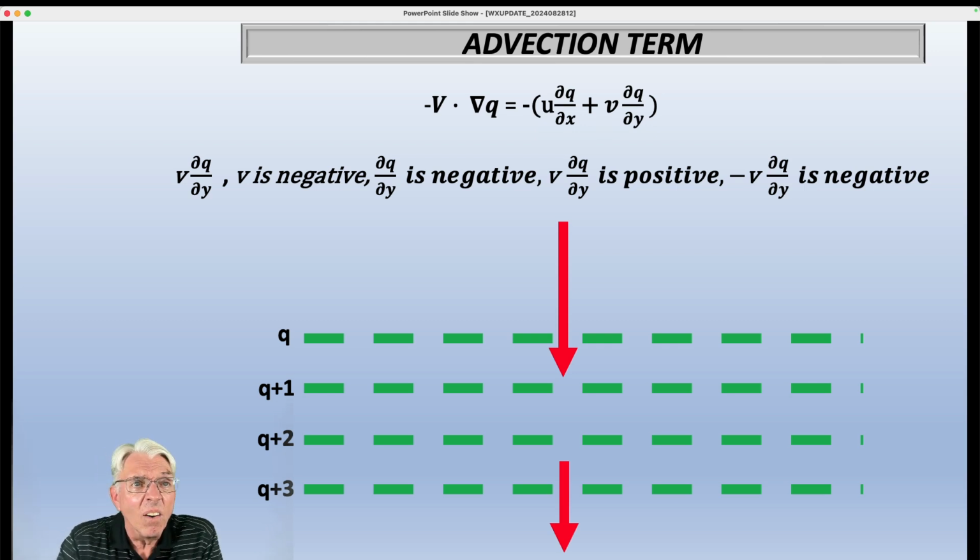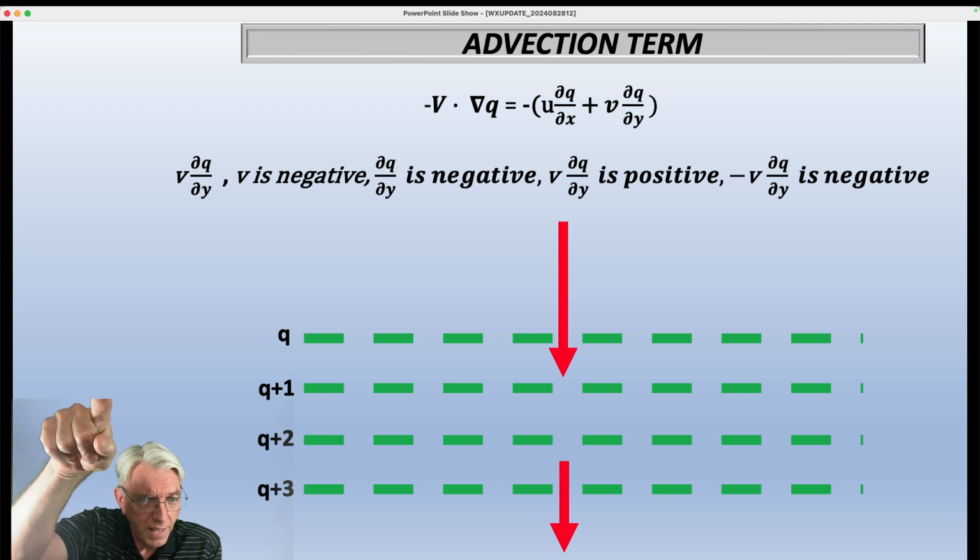Okay? Now, here's that term here. V is negative because along the y-axis, you want to take a look from south to north. Well, the wind is blowing north to south.